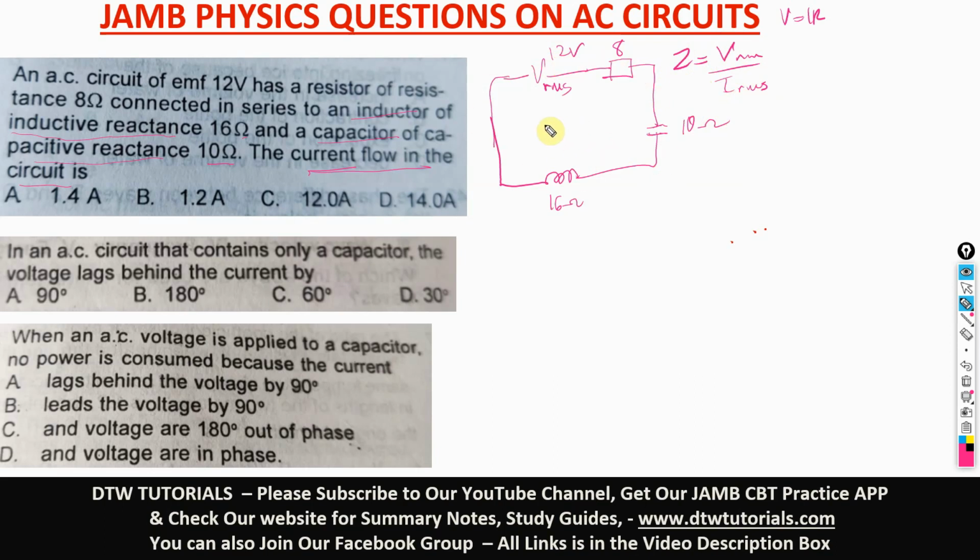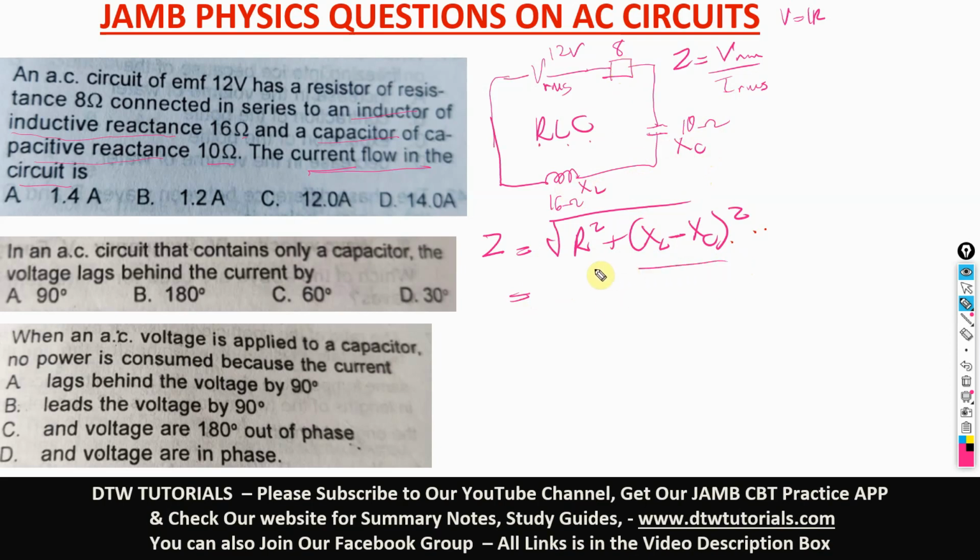And this is an RLC circuit, a resistor, inductor, capacitor circuit. The formula for impedance for this circuit is the square root of R squared plus, in parentheses, XL minus XC all squared. Here XL is inductive reactance, and here XC is capacitive reactance.